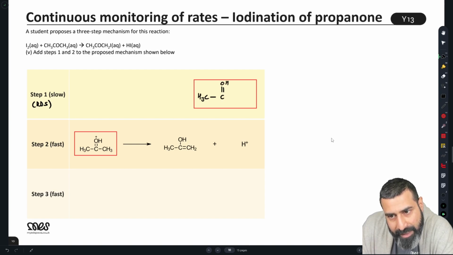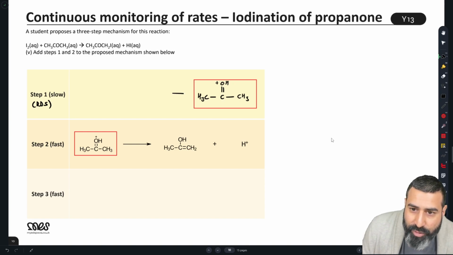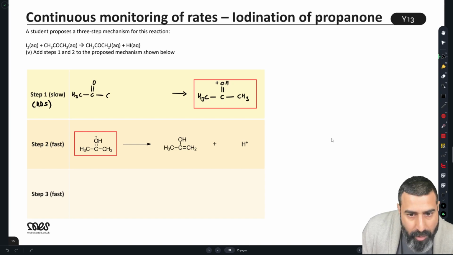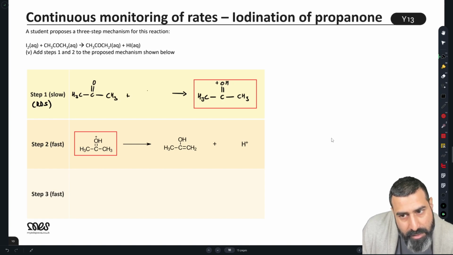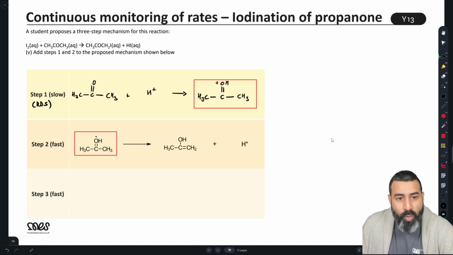If that is the product in step 1, what must the two reactants be such that this is the product in step 1? Well, it must have been propanone and H+. Then what can we say?